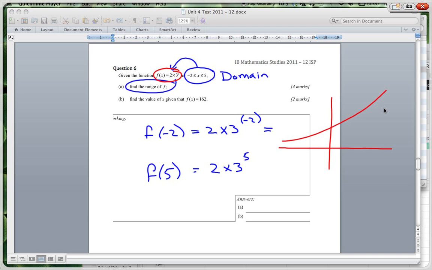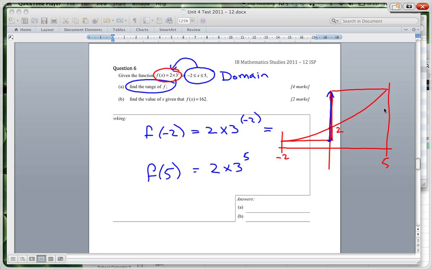It's an exponential graph, and it'll go through 2. We're looking at from minus 2 to 5. So when we find this, we're going to find that value and that value. So we can see that this value and this value will give us our range from where to where on the y-axis.